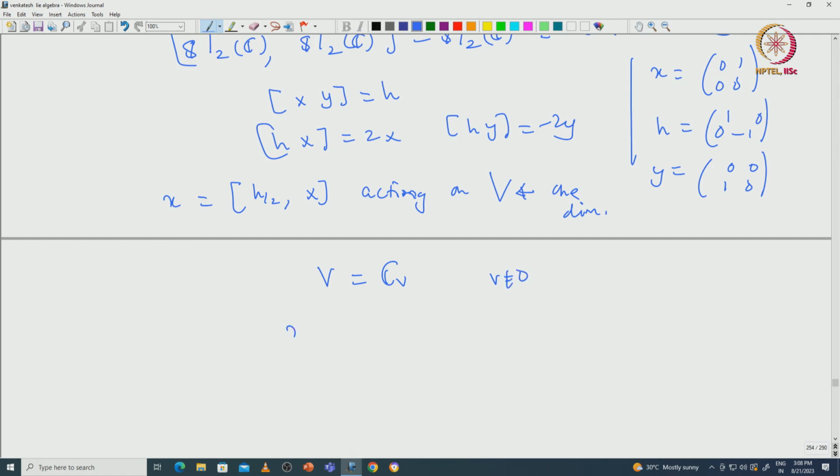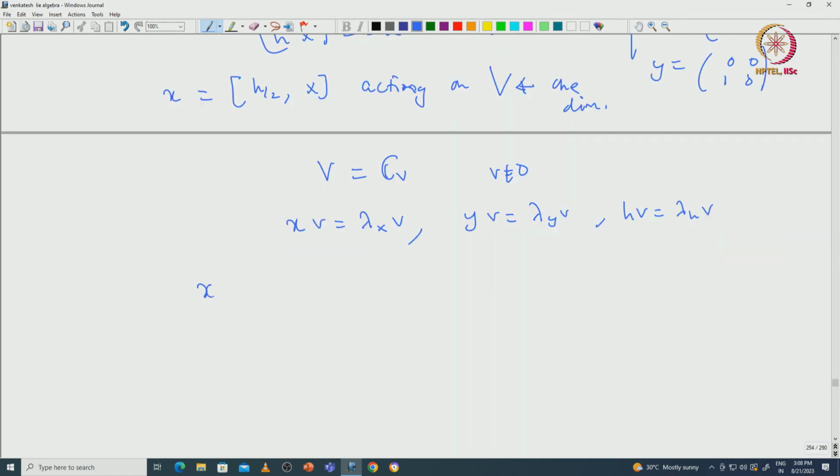Then x will act on v as some lambda_x v, y will act on v as some lambda_y v, and h will act as some lambda_h v. In particular, there is another way to compute xv, because x is given by the bracket [h/2, x], which is also acting on v.